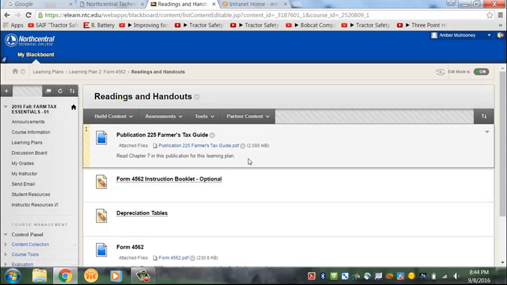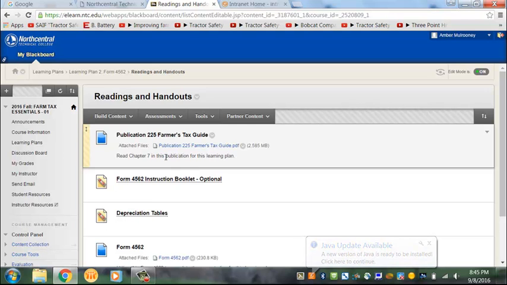But what I do want you to read is Chapter 7 in Publication 225, which is the Farmer's Tax Guide. This is a big publication. There's a lot of reference to various items, but Chapter 7 in particular is for the depreciation.